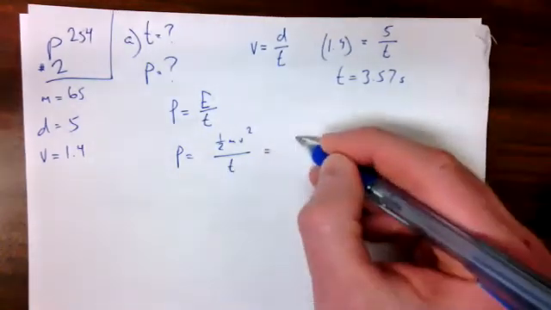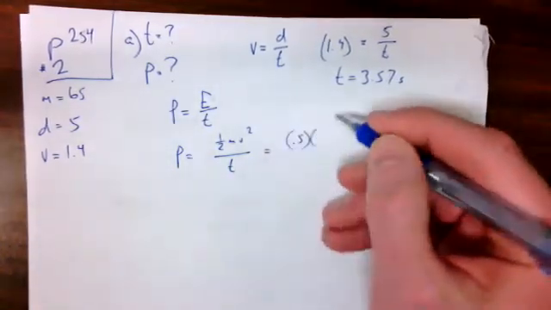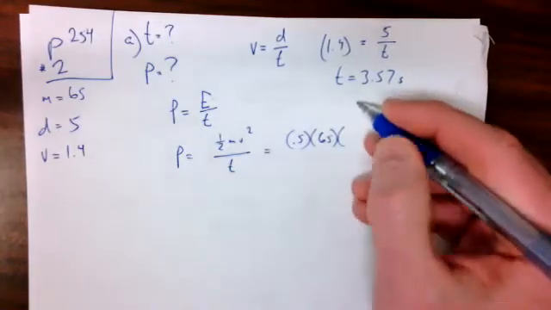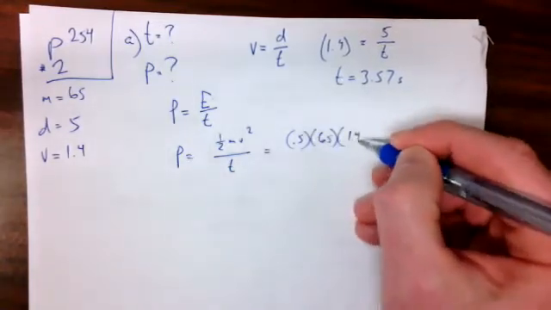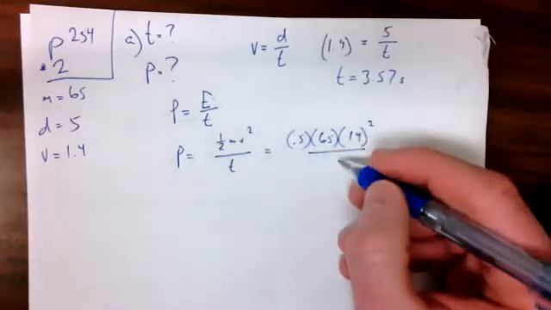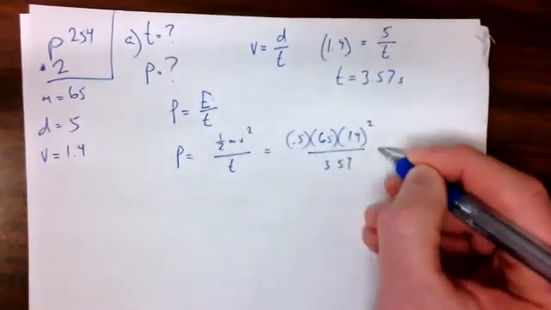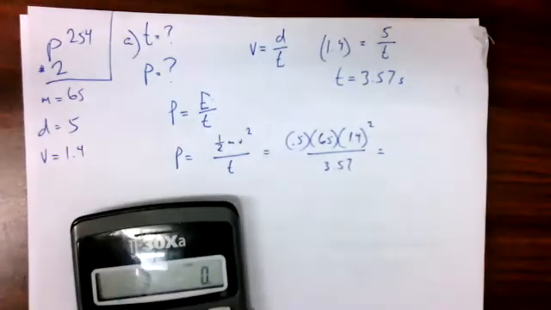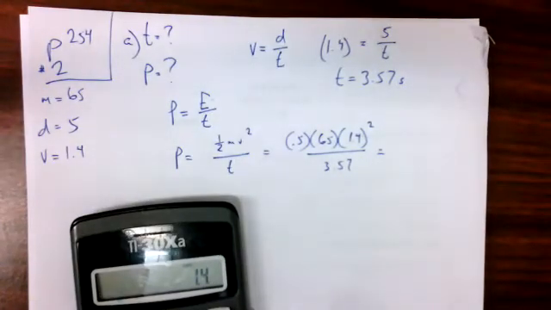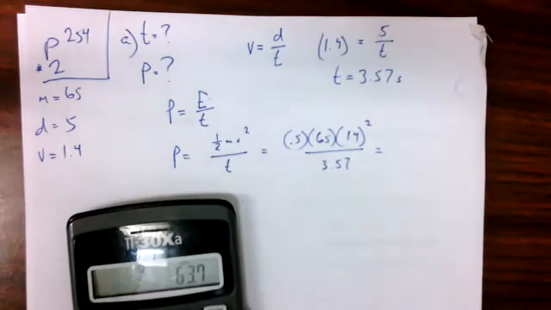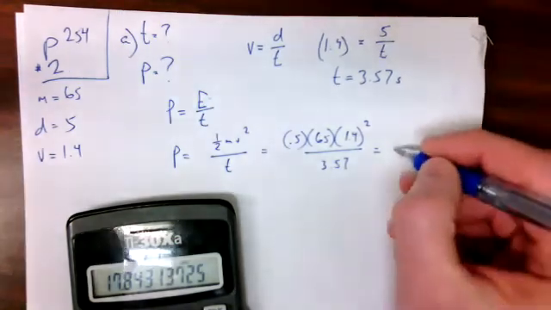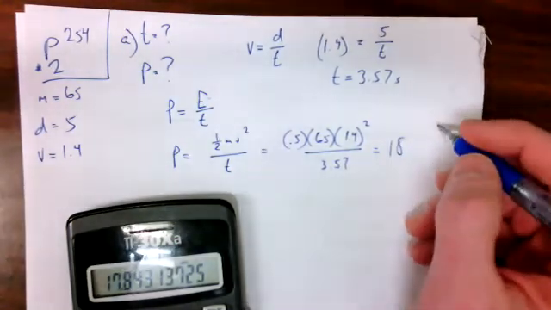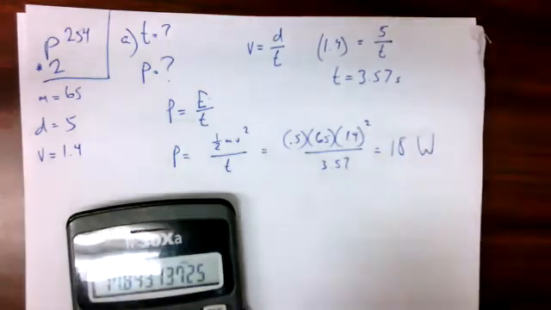So that's 0.5 times 65 times 1.4 squared, all over 3.57. 1.96 times 65 equals that, divided by 2 equals that, divided by 3.57. 17.8, so 18 watts. I had to think for a second.